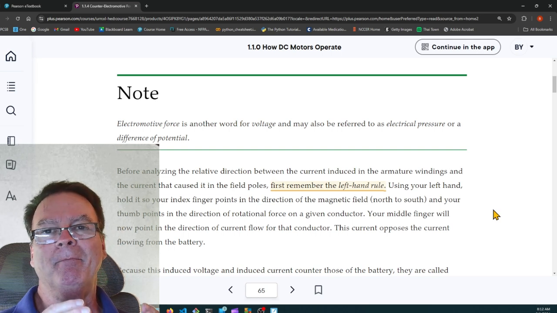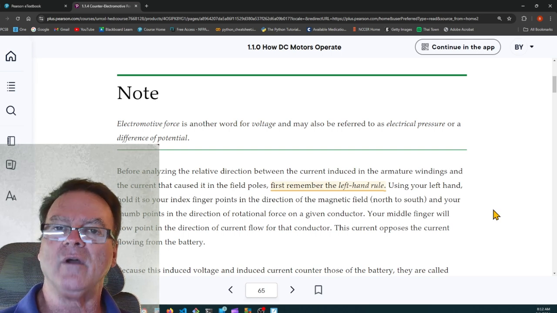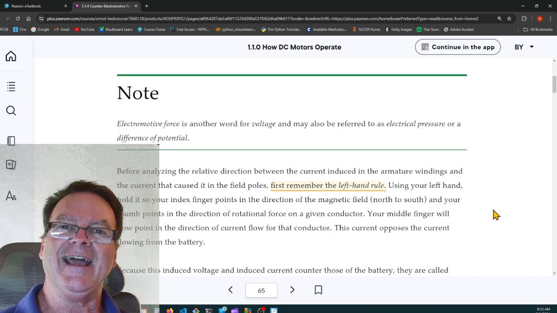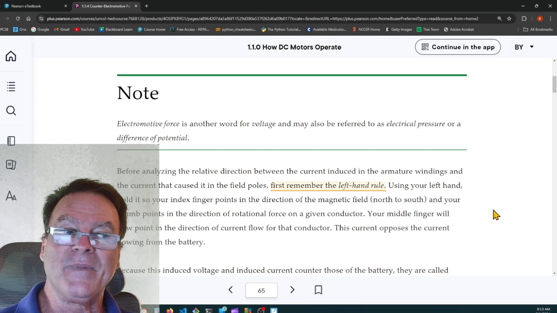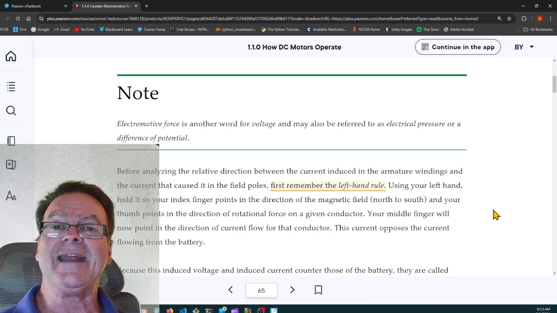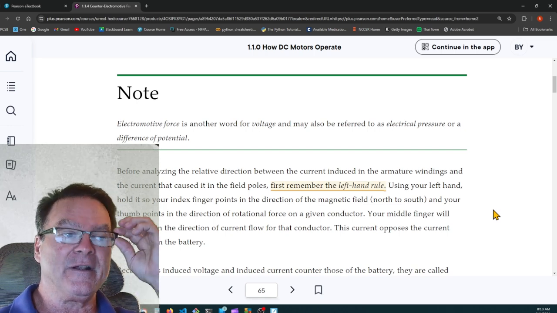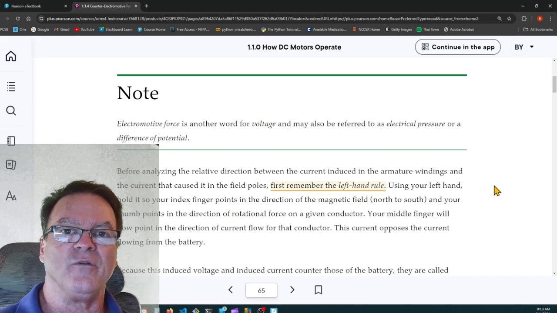But because it's a coil of wire rotating in a magnetic field, it's generating a voltage of its own. And that voltage is 180 degrees out of phase with the voltage that's driving it in the first place. That's why they call it counter electromotive force.